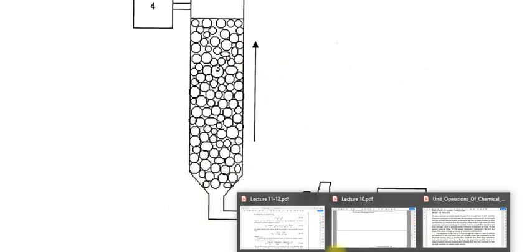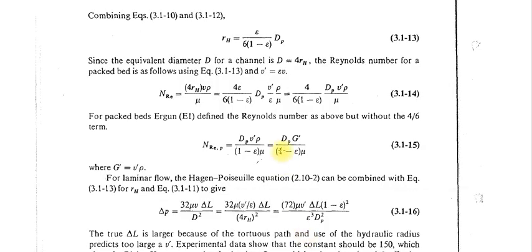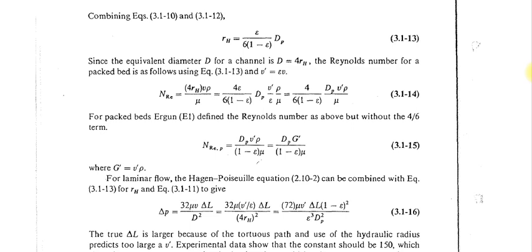Now from this formula we can calculate the value of delta P, that is the pressure drop. So this is from the Hagen-Poiseuille equation.